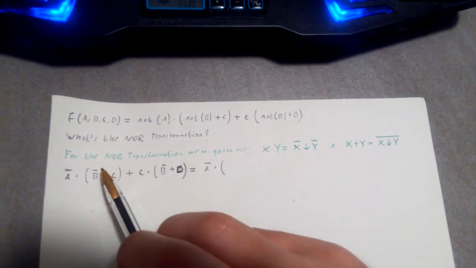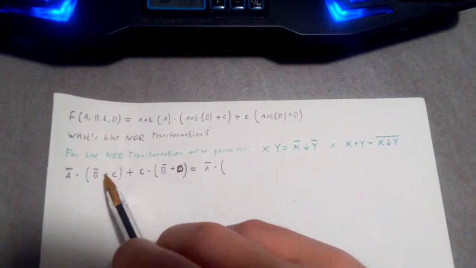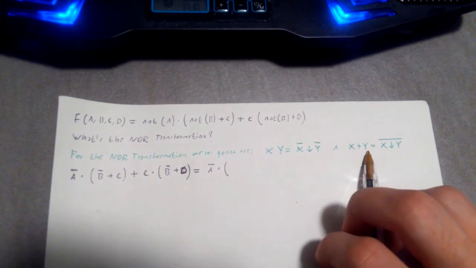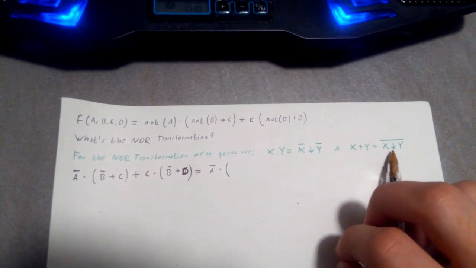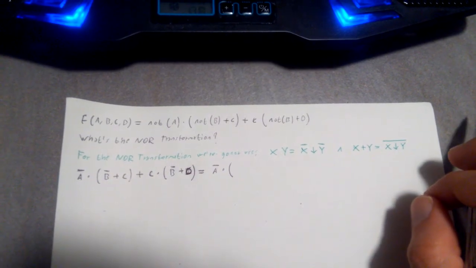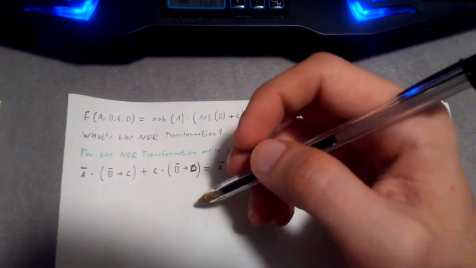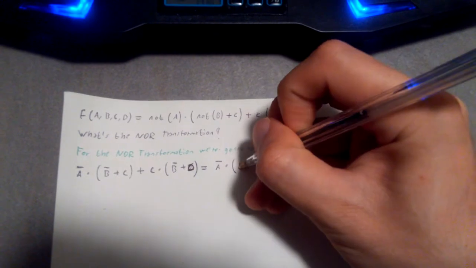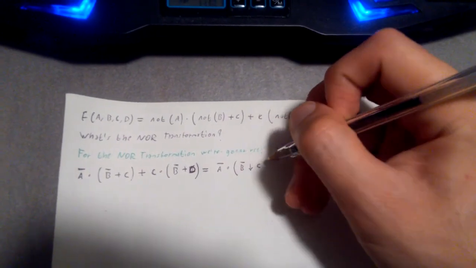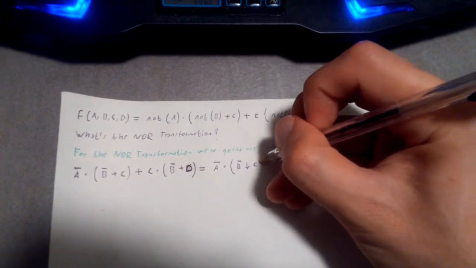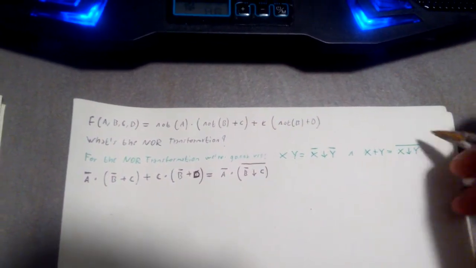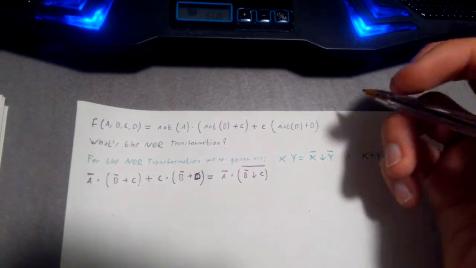Since it's like saying X plus Y, I'm basically gonna have a NOR, an arrow down, and put a not on top of everything. So I'm gonna have B not, arrow down, C, and a big fat not on top of both of them.